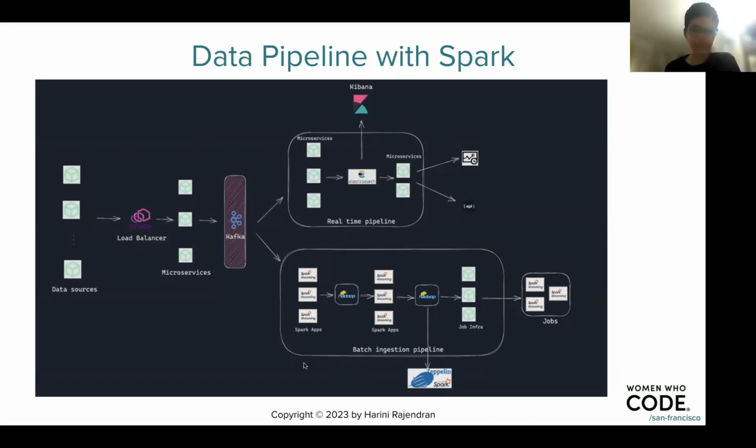These jobs used to run all the time, like every 15 minutes or so, they would produce some intermediate result and store it in the Hadoop file system. And then we had another set of Spark jobs that were running once a day at midnight. What those jobs would do is coalesce all the intermediate results that were generated by the first set of jobs throughout the day.